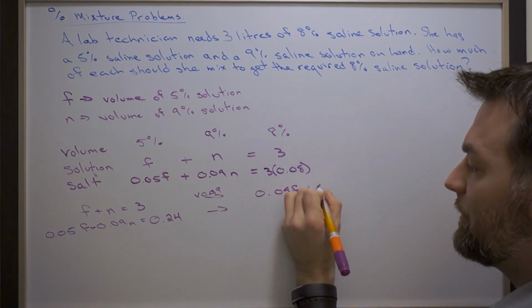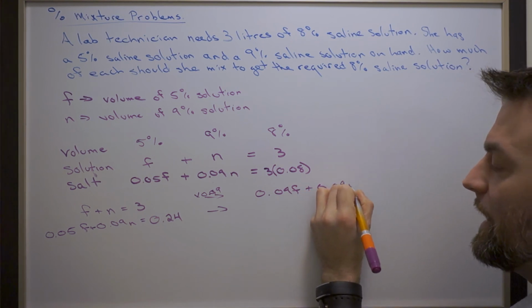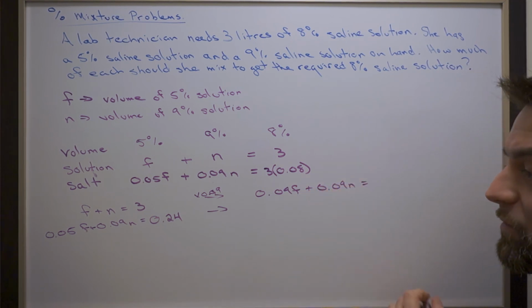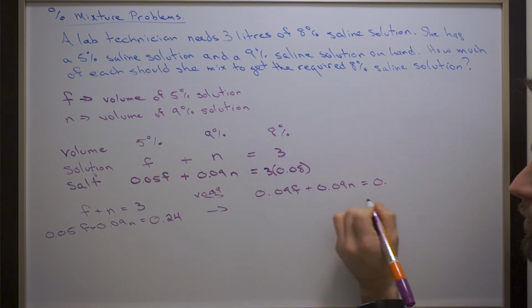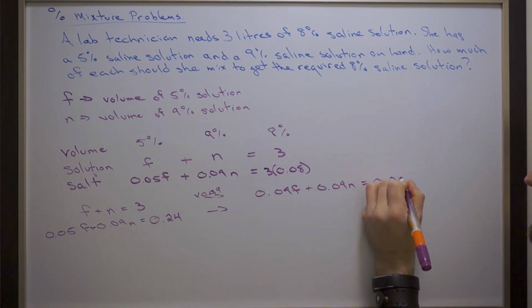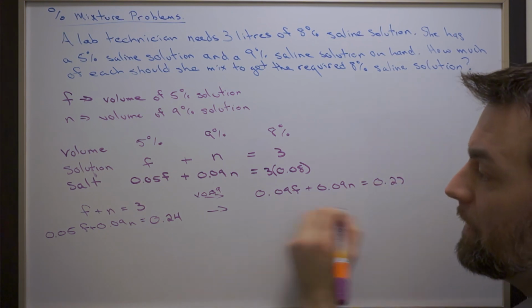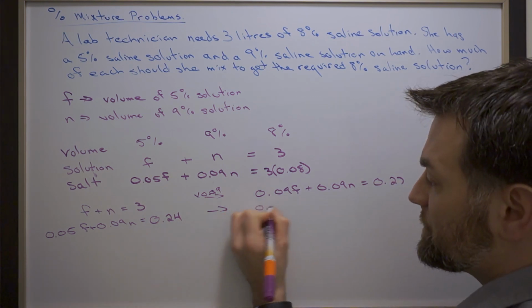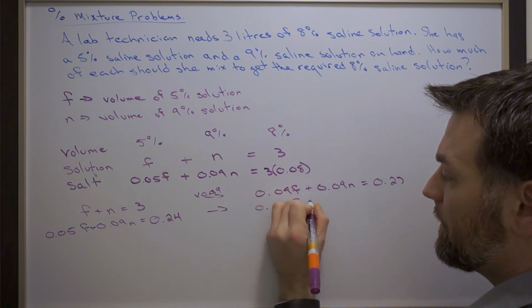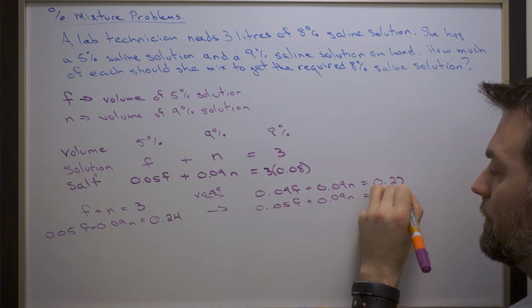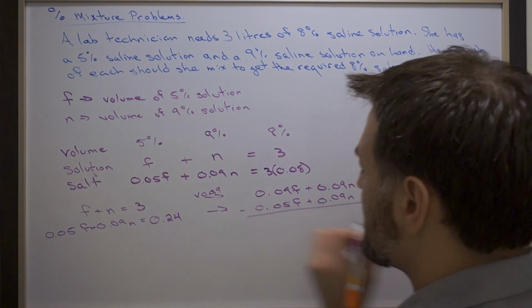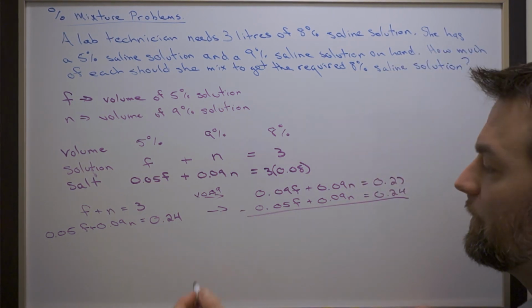0.09f plus 0.09n equals, and 3 times 0.09 is going to be 0.27. The next equation just writes out the same. Now, if I subtract these two, I'll be able to find f.